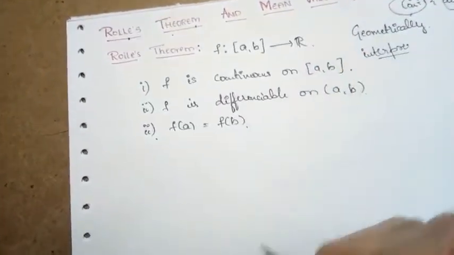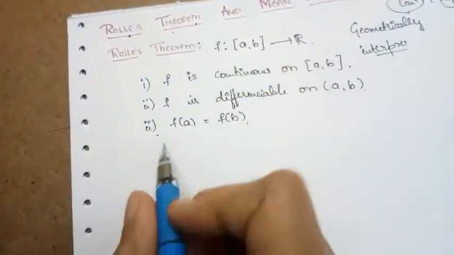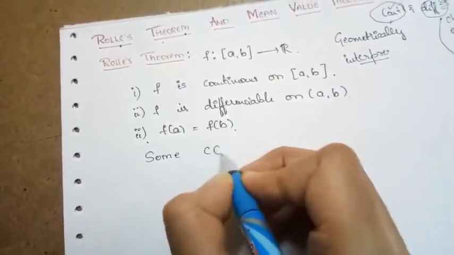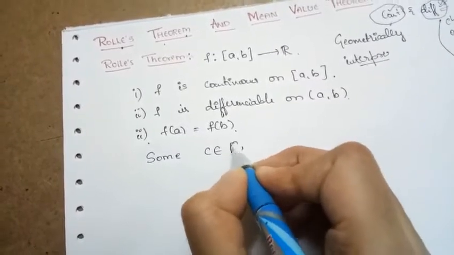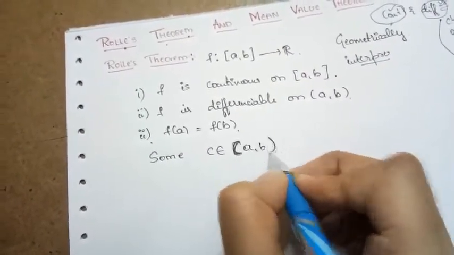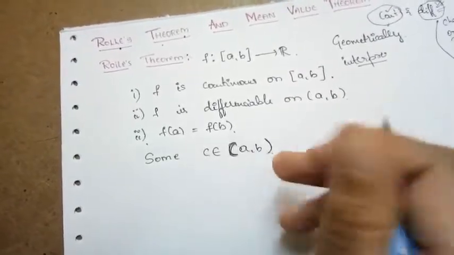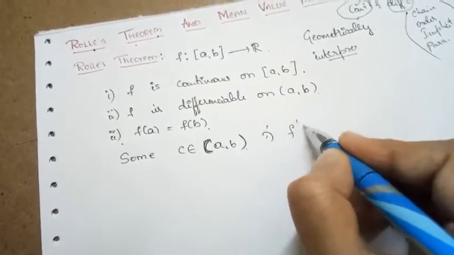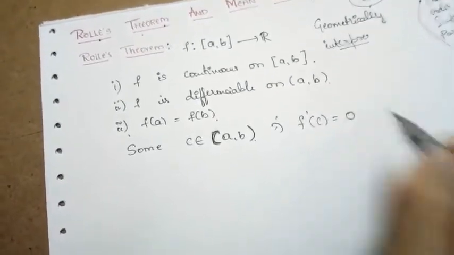If these three conditions are satisfied by the function f, then there is some c belonging to the open interval (a, b), not the closed interval. There exists some real number c in the open interval (a, b) such that f'(c) = 0.